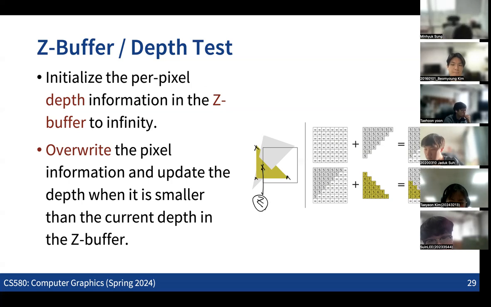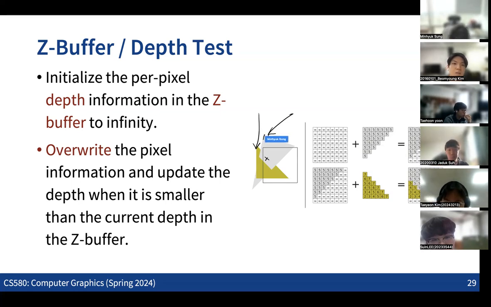So let's say we draw this greenish triangle, and now we want to draw this gray triangle as well. Let's think about this point. We already have the information for the greenish triangle with its depth information. Now we are also calculating the information based on the three vertices of the gray triangle, and we also interpolate the depth information.